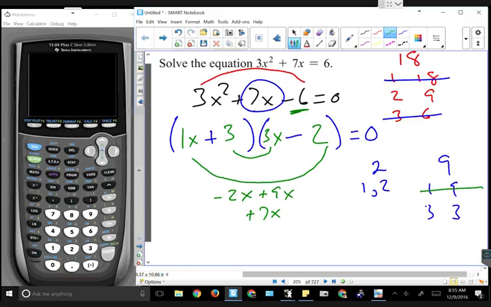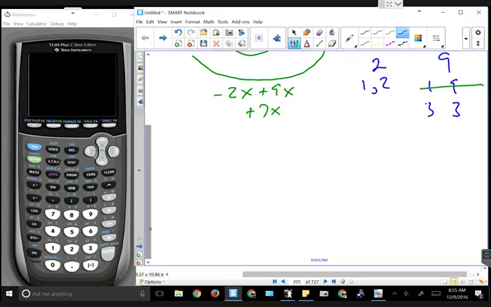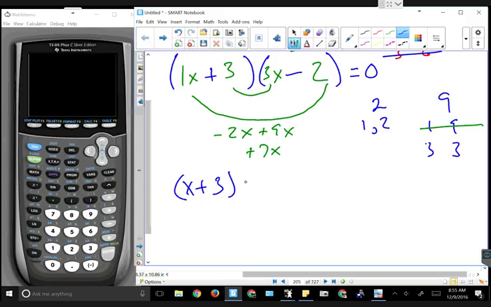When we've got this thing factored out, we are concerning ourselves now with x plus 3 and 3x minus 2 is equal to 0. When we are looking for solutions to this, there are going to be two solutions.